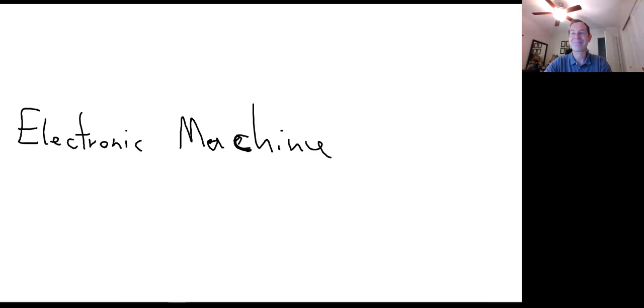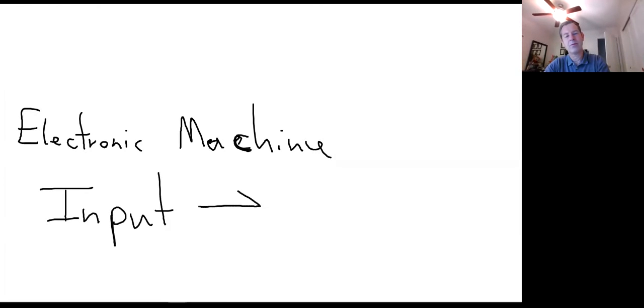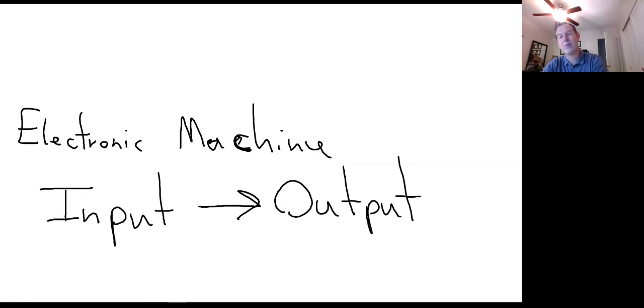I don't know. So it's an electronic machine that takes input and produces output. See, if we all play, we can put together a definition. We can all answer it together. I'll take bits and pieces of everybody's stuff.